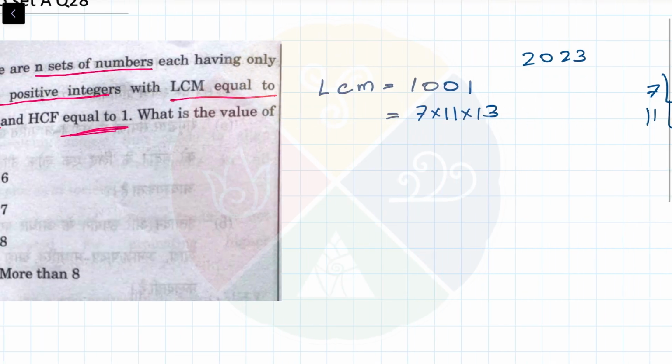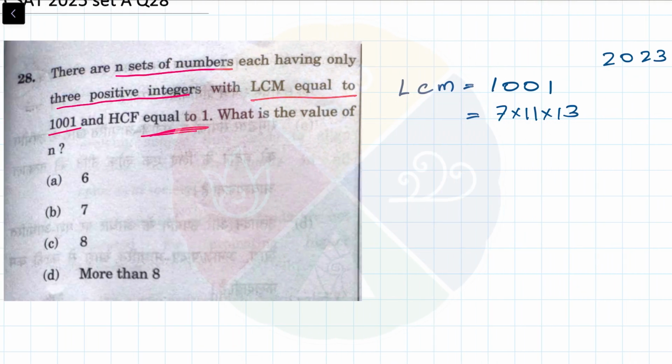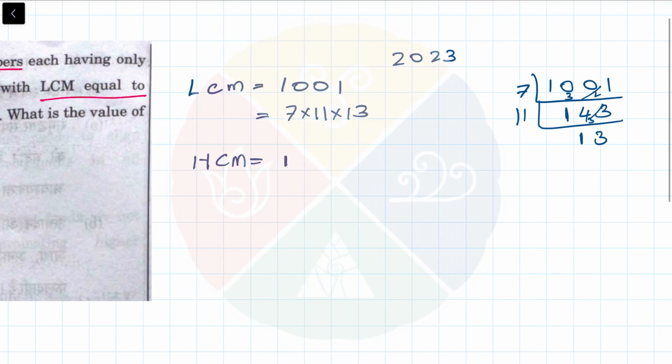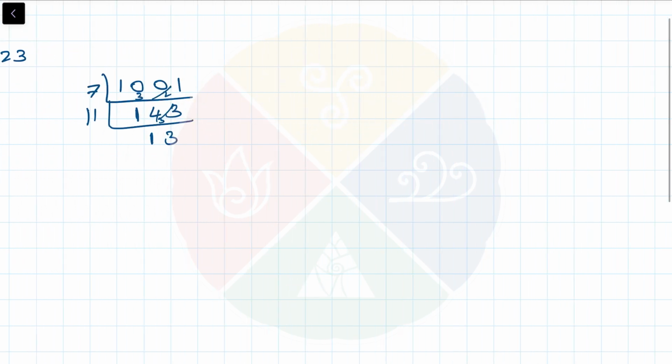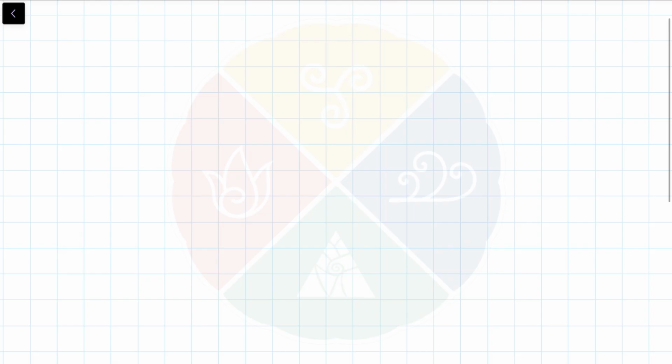So LCM is this. Interestingly, HCF is 1. So how many 3 number combinations are there to satisfy this condition? Okay, before actually solving this, let me just tell you how to find HCF and LCM.